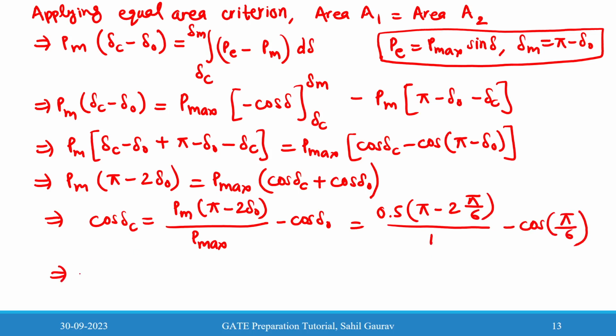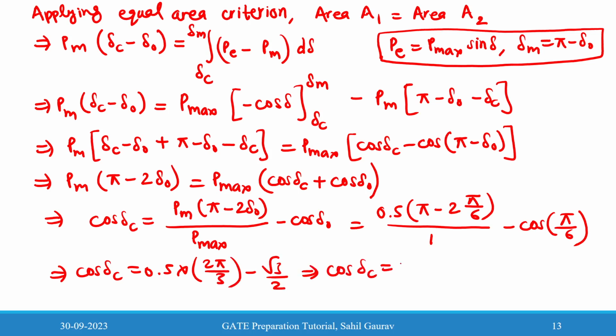So this will be 0.5 into 2 pi by 3 minus cos of pi by 6, which is root 3 by 2. So we will get cos of delta c equal to pi by 3 minus root 3 by 2.